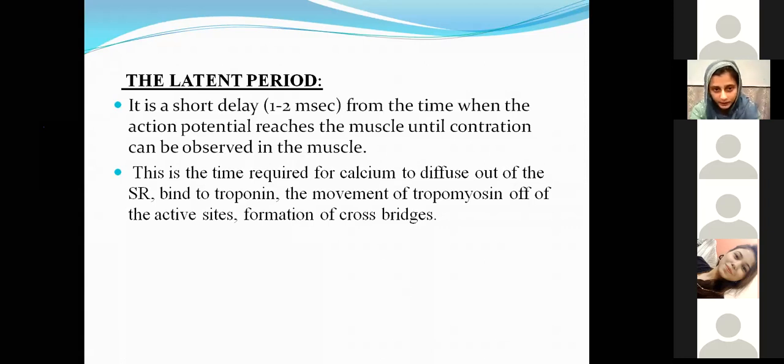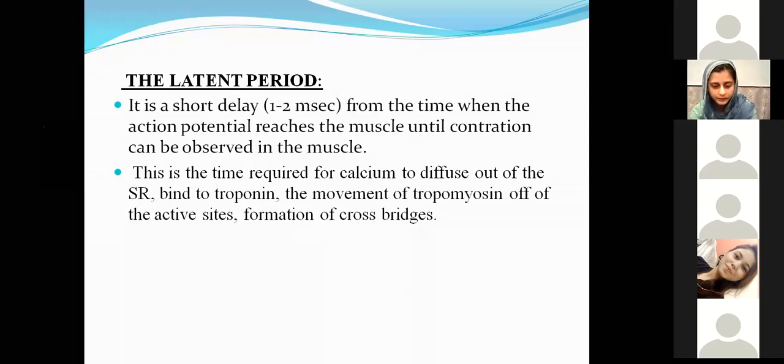So जो ये latent period है बेसिकली उसमें sarcoplasmic reticulum से calcium diffuse out हो रहा है और troponin से bind हो रहा है, और पूरा excitation contraction coupling mechanism your latent period में हो रहा है. तो वो बिल्कुल milliseconds का time होता है, 1 to 2 milliseconds, उसके फौरन बाद फिर contraction होगी. ठीक है.